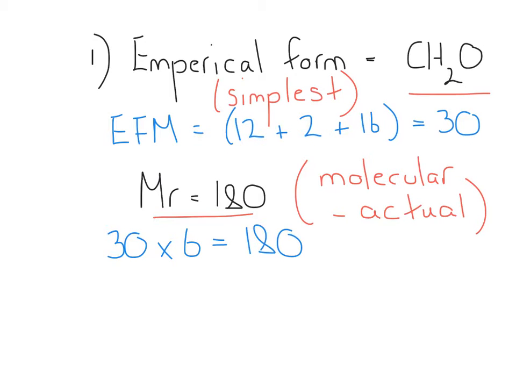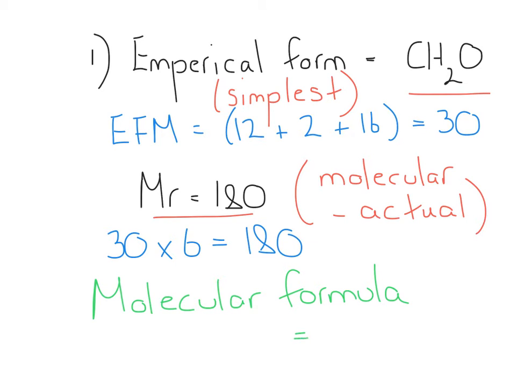So the molecular formula mass is 6 times the empirical formula mass. Therefore, the molecular formula is going to have to be 6 times the empirical formula. So the molecular formula, the actual number of atoms in the compound, is 6 times the empirical formula.